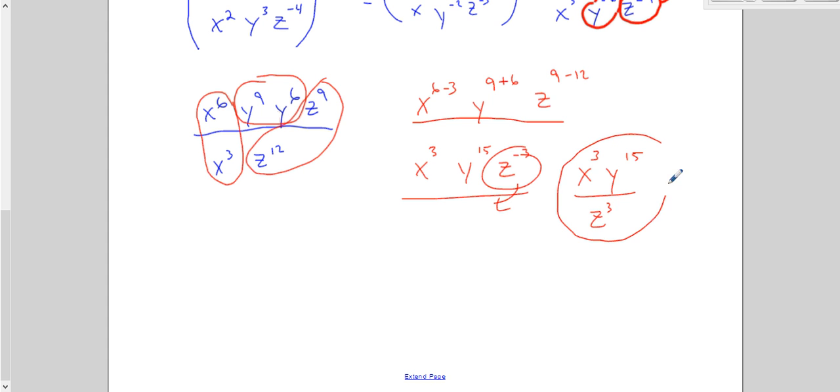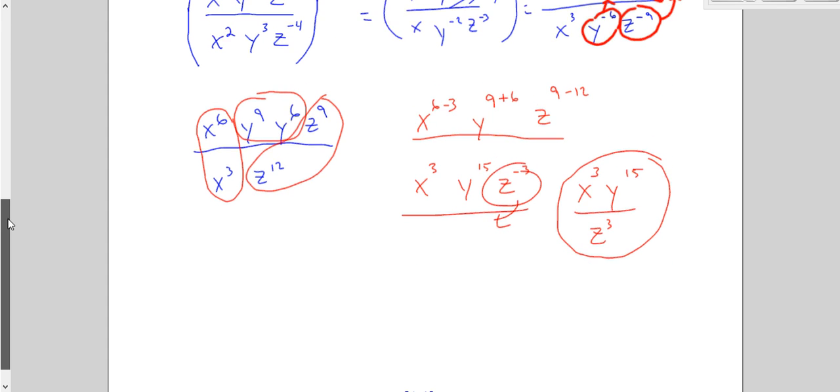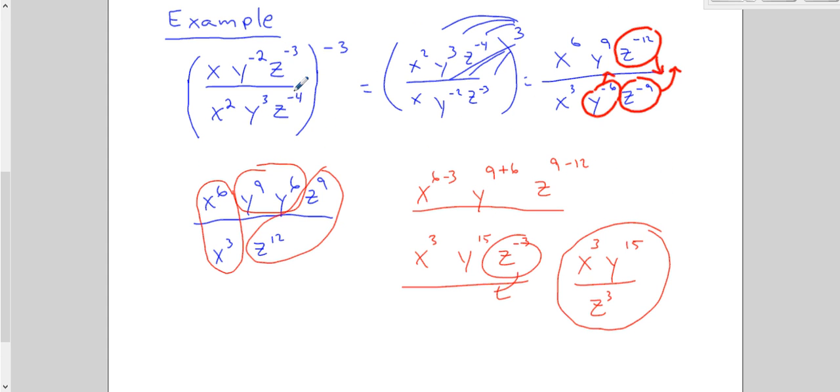And my final answer is x to the 3rd, y to the 15th, over z to the positive 3. Now, you might notice there's a couple of different things that can be done slightly differently. When I had this 12 in the denominator, 12 minus 9 is positive 3 for the denominator. If I start in the denominator with that positive 12 and subtract the 9 from the top, that leaves me 3 in the denominator.